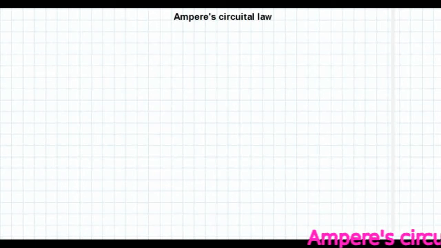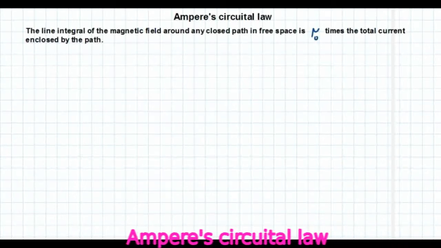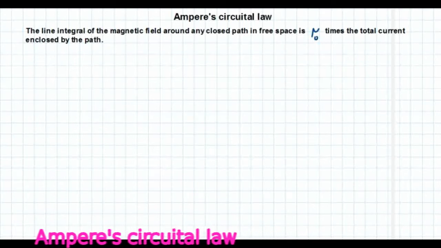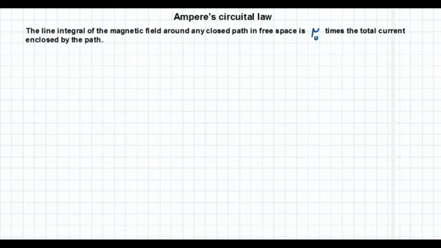So what is Ampere's circuital law? The line integral of the magnetic field around any closed path in free space is mu0 times the total current enclosed by the path.